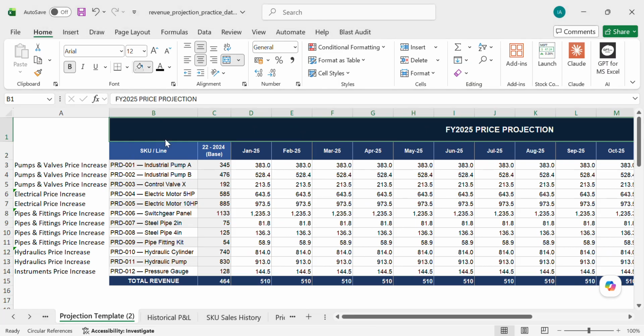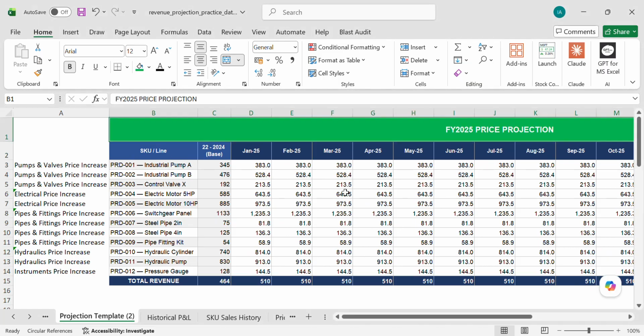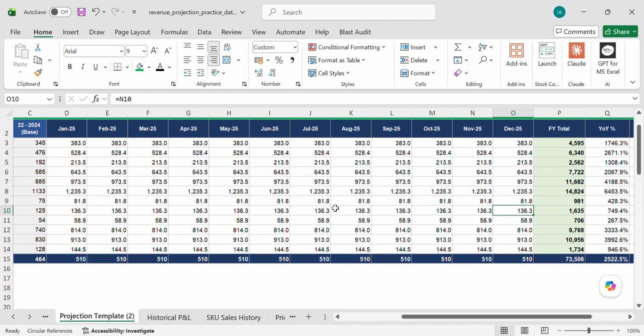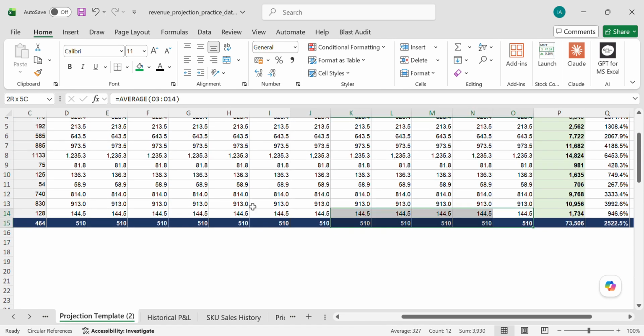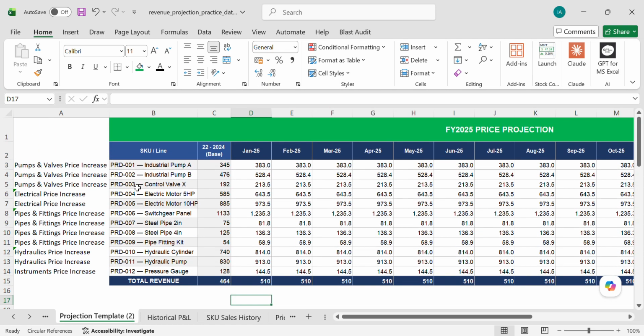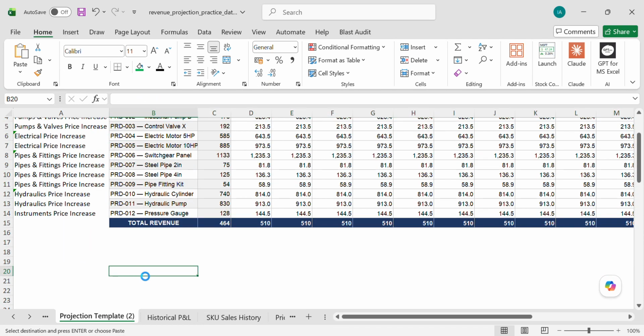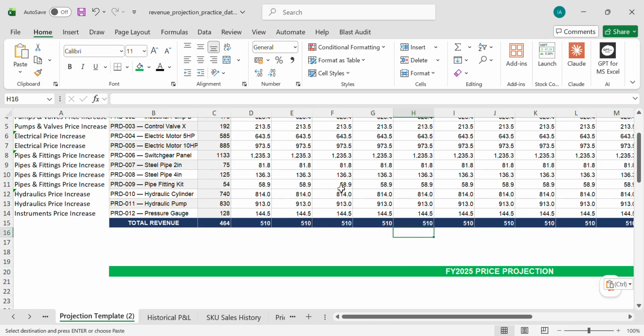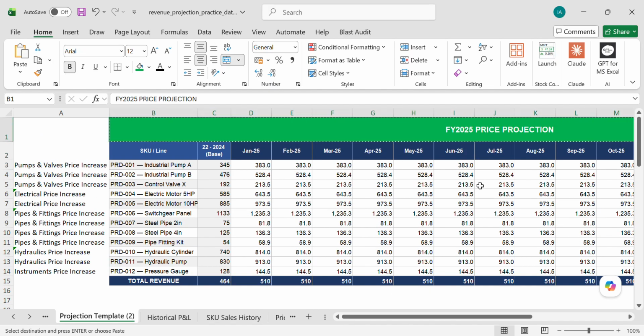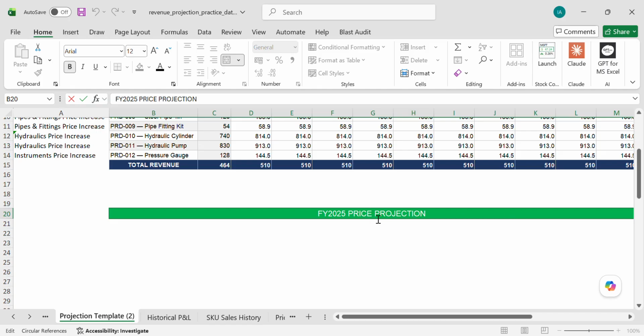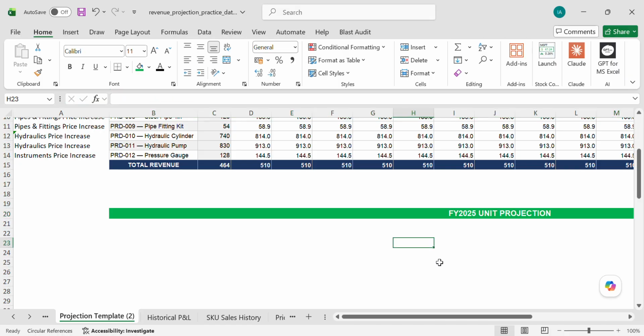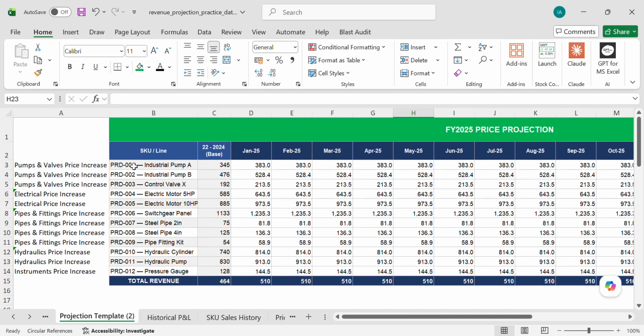Let's put this on green. Right, this is your new price. So average of 10. Now we are going to do for our unit. The next one is unit. This is price. So we're going to do for quantity, unit. So now the unit is still going to maintain.